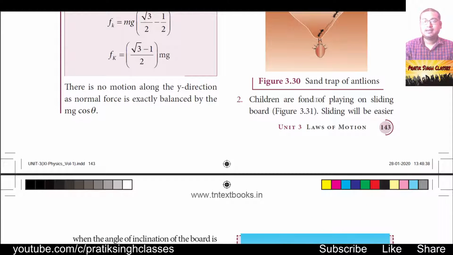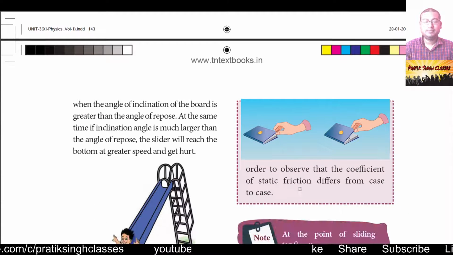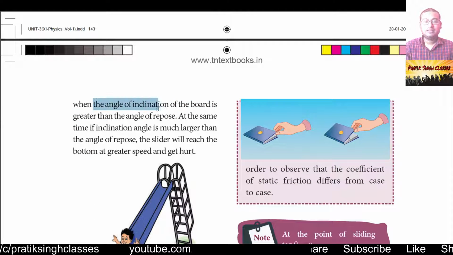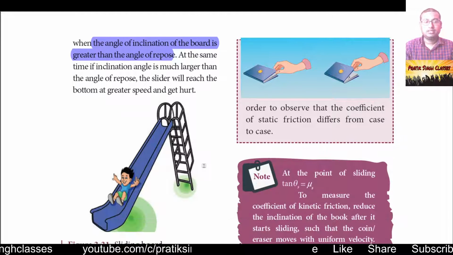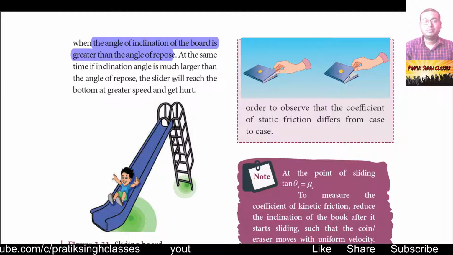Then, children are fond of playing on a sliding board. Sliding will be easier when the angle of inclination of the board is greater than the angle of repose. As you can see here, these inclinations are made in such a way that the angle of inclination must be greater than the angle of repose, and it becomes very cheerful for the kids playing here.